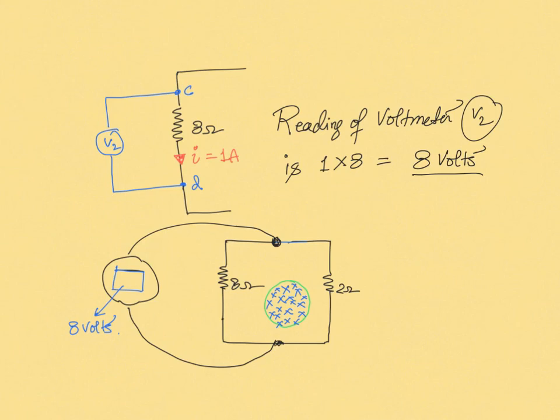So that is the strange thing. Here you can't say that the voltmeter reads potential difference. No, it doesn't read potential difference. It reads the integral E dot dl across the voltmeter. So this is a new thing you have learned today, that the voltmeter will display a reading of the integral E dot dl across the device.